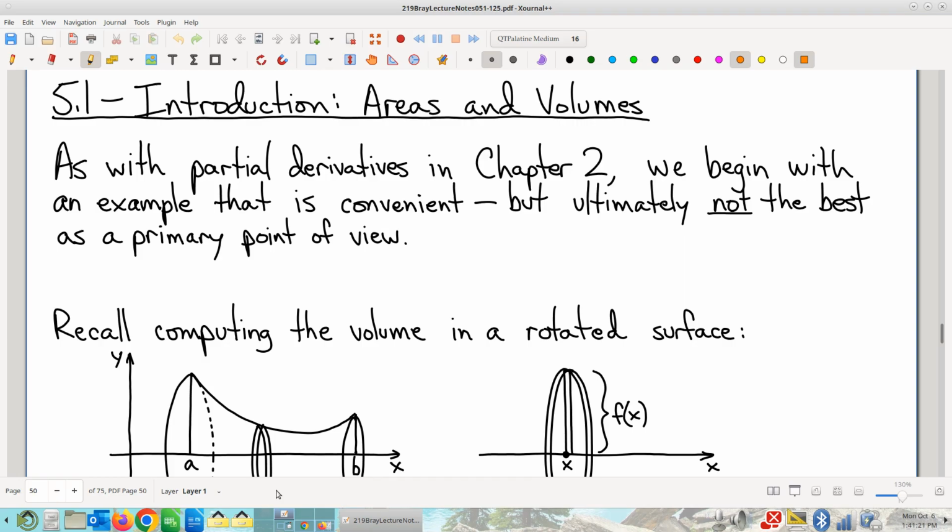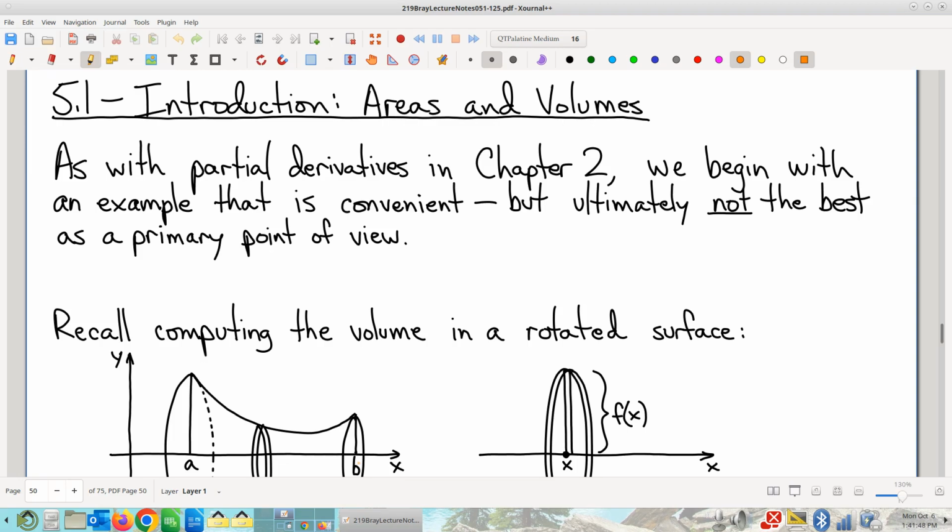Nice tool, but ultimately there's a better and more sophisticated way to do things. It's practically the same story here in chapter 5. There is a first cut we're going to take. It is going to be computationally useful, and it is very convenient. It's an easy sort of first step, but by itself is pretty limited, and there are much better ways to think about integrals.